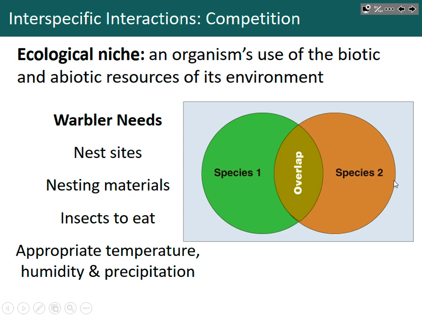So maybe species one eats these 5 species of insects, and species two eats 2 of the same insects that species one does, and 3 different insects, right? And so there's a place where they're not in perfect overlap. All of those components of what an organism needs make up its niche. And we can determine how intensely organisms are competing with each other by how much those niches overlap.